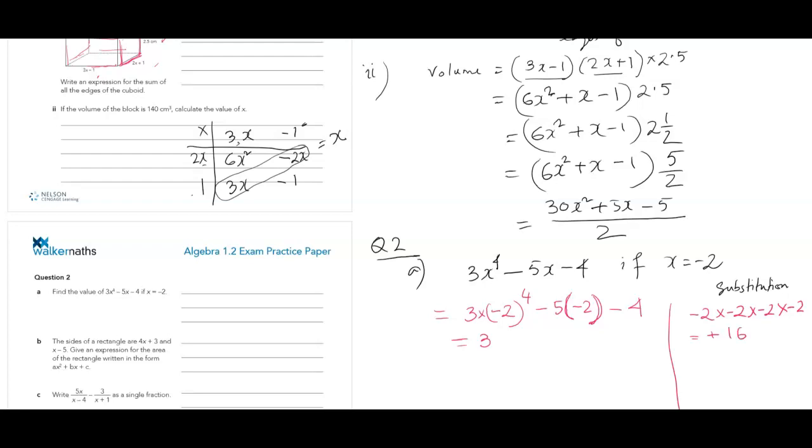That'll be 16, so it will be positive 16. And negative times another negative will give you positive 10 minus 4. That'll give me 48 plus 10 minus 4. Remember, I have been following all the rules of arithmetic, BEDMAS, so remember those, please. 58 minus 4. That'll give you 54.